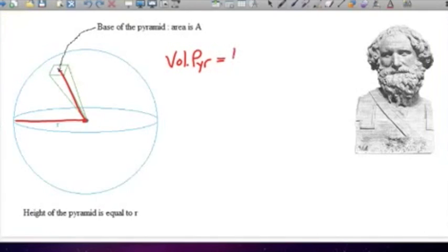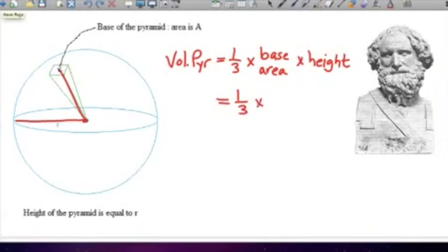We know that it's 1/3 times the base area times the height. Now we also know that the height is going to be referred to as the radius, or simply r.